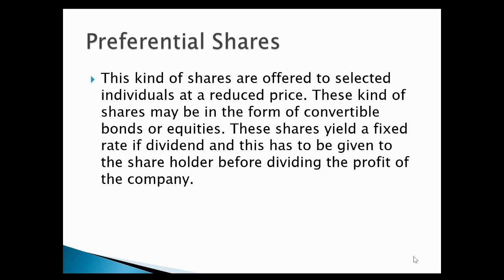But in spite of using all these techniques, the prospectus method, the offer for sale method, the QIP method, etc., sometimes the company may not be able to sell off all the shares, right? The company may want to sell 1,000 shares, but the company is only able to sell, let us say, 800 shares.